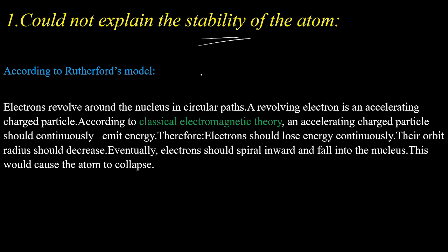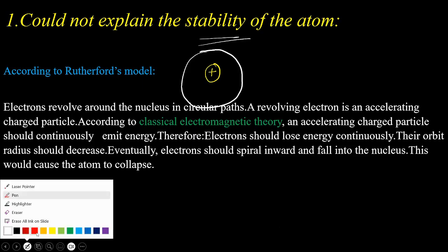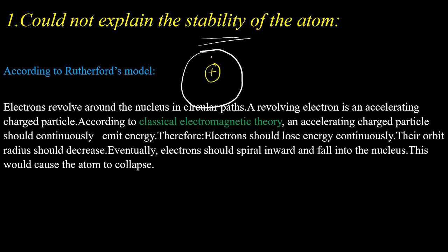Okay, Rutherford in his atomic model stated that an atom has two parts. One is the central nucleus and another is the electronic region. Electrons remain in the electronic region and they are revolving around the nucleus in any circular path.